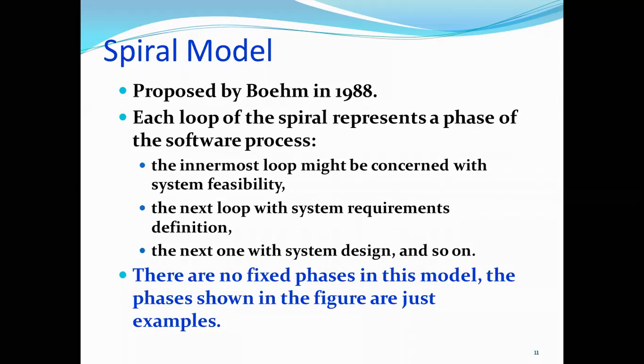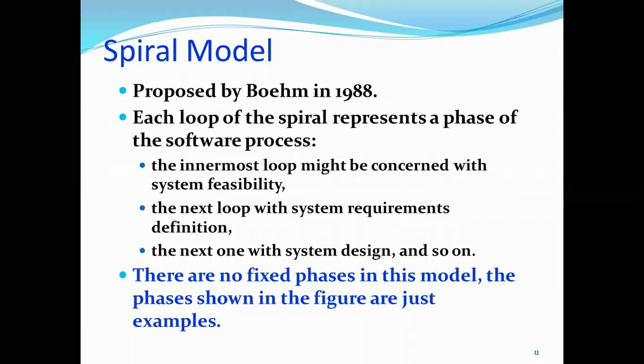Spiral model has different quadrants associated with it. First quadrant, second quadrant, third quadrant, fourth quadrant. And every quadrant has some functionality associated with the spiral model. So the innermost loop might be concerned with the feasibility.